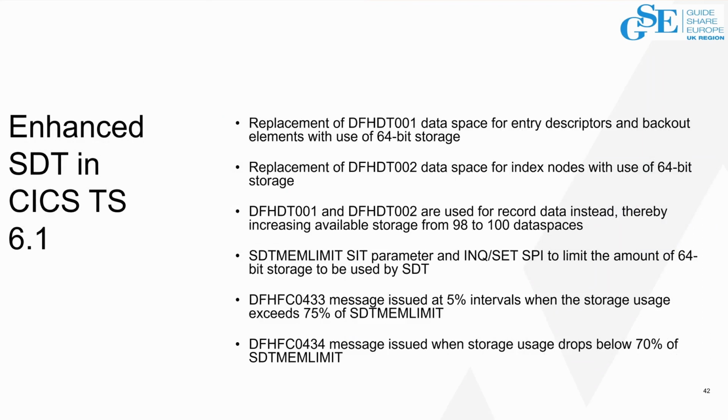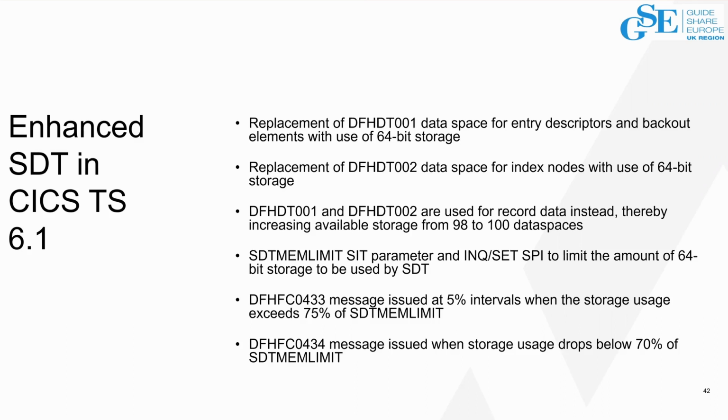We have a new SIP parameter called SDTMEMLIMIT, and in the same way as for TX AUX and shared TS, we will issue messages if you're approaching the limit of the shared data table's mem limit. So you set the overall amount of storage the CICS region can use in terms of 64-bit storage via the MEMLIMIT parameter.